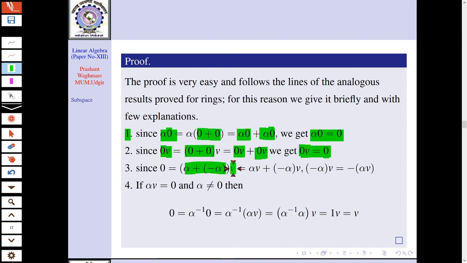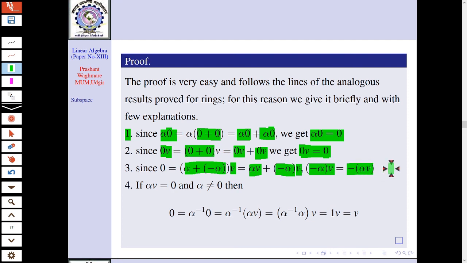Now you can distribute this V over alpha plus minus alpha. You will get alpha V plus minus alpha V. Now you can take this alpha V to the left hand side. You will get minus times, right? So minus alpha V is the same as minus times alpha V, right?